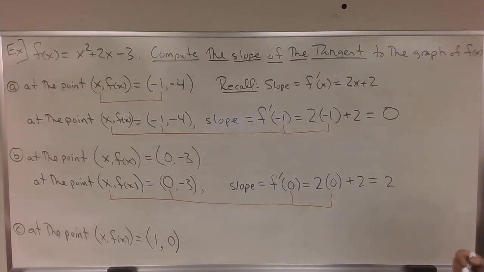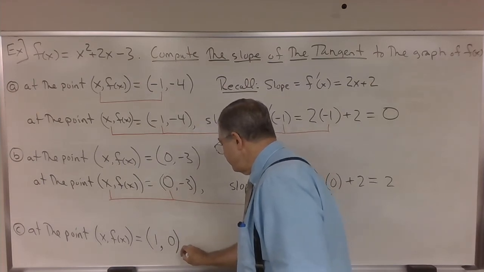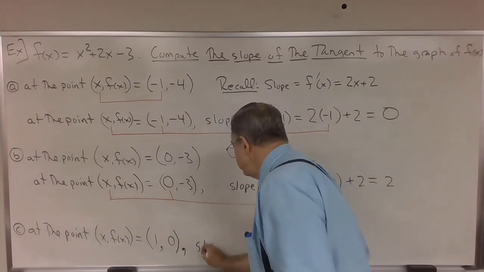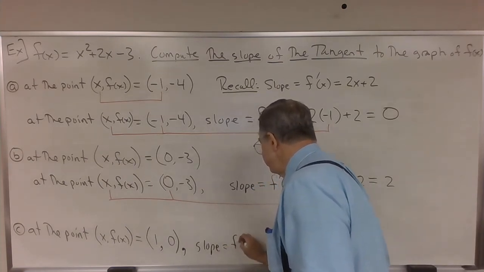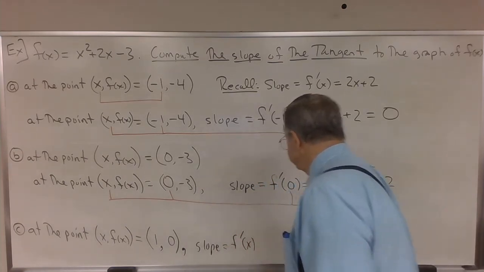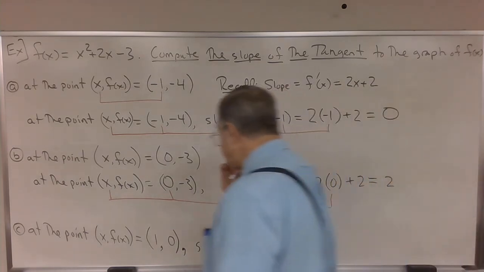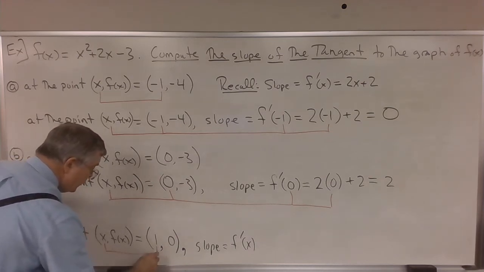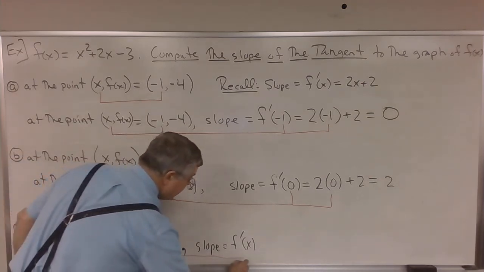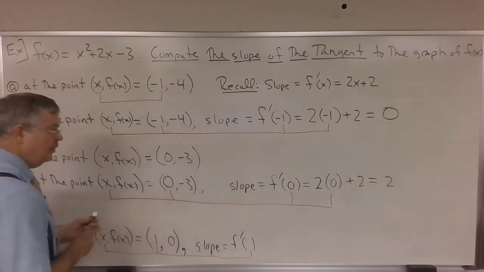And now at the point (1, 0), the slope is going to be the derivative f prime of x. Whoops, except what is x? X is 1 in this case, isn't it? So for x, we're going to plug in 1.